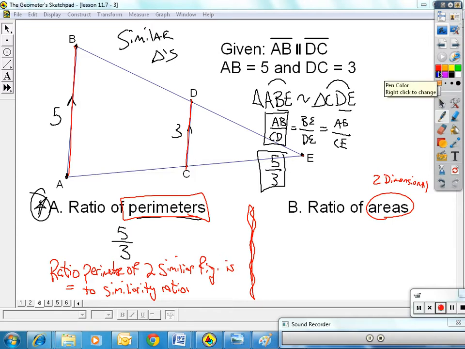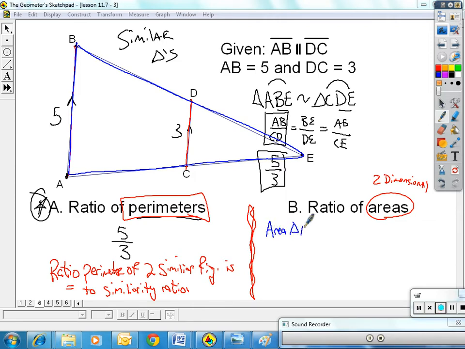So what we're going to do here is make the ratio of areas. I'm going to take this blue triangle right here, ABE. So area of triangle ABE, and we're going to compare that to the area of triangle CDE.